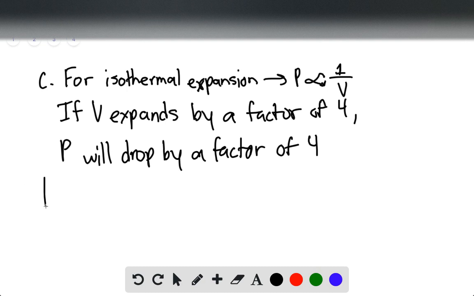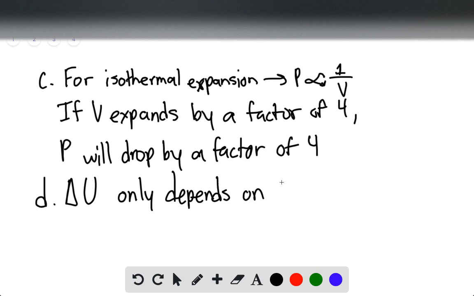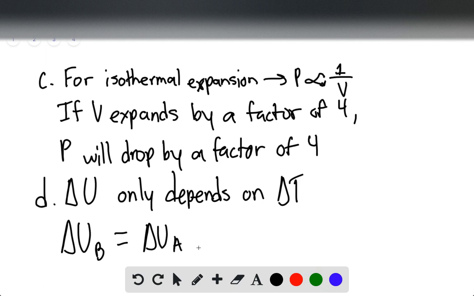And so part D is asking us for the change in internal energy of both processes. However, the change in internal energy only depends on the change in temperature, which means that the change in process B will equal the change in process A, and this is going to equal 3,830 joules.